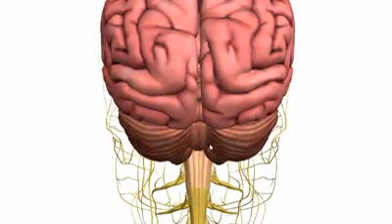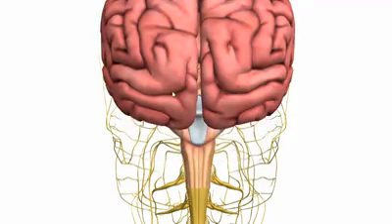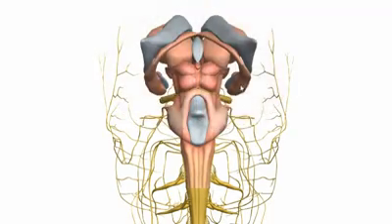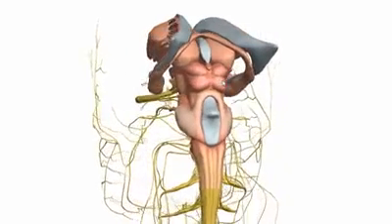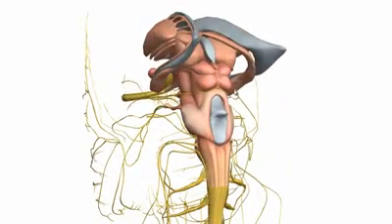If I remove the cerebellum, and I'll just remove the hemispheres as well, we can see the midbrain here, so you can identify it by the colliculi. So that's the midbrain, and this is the dorsal surface of the brainstem.